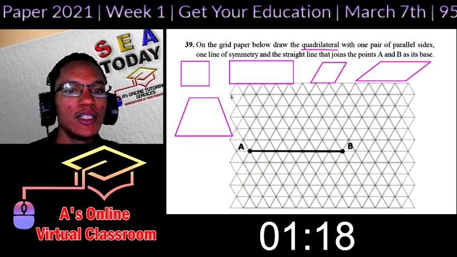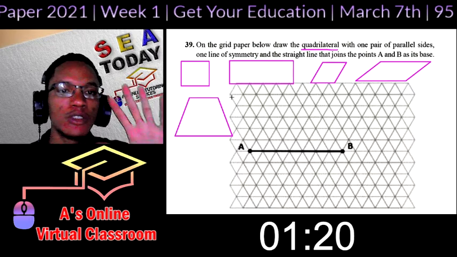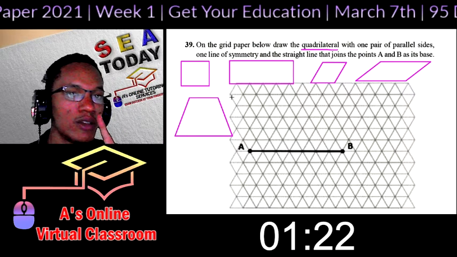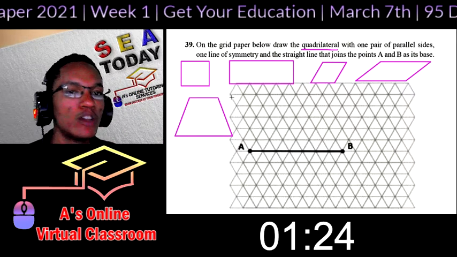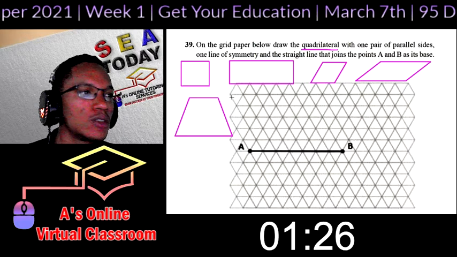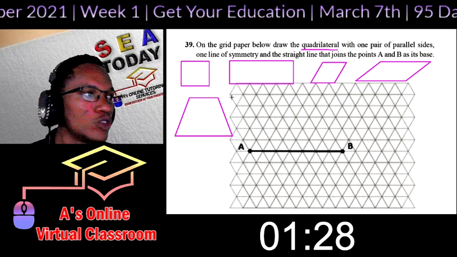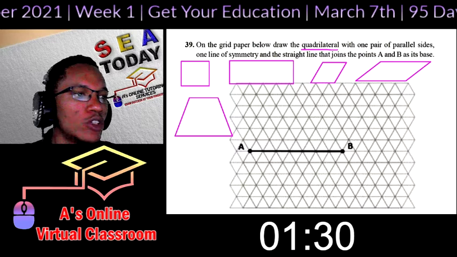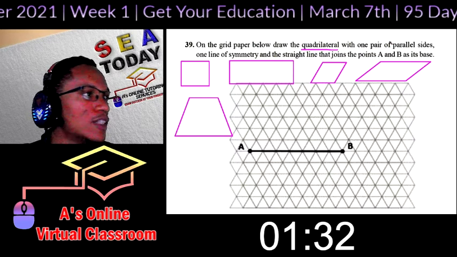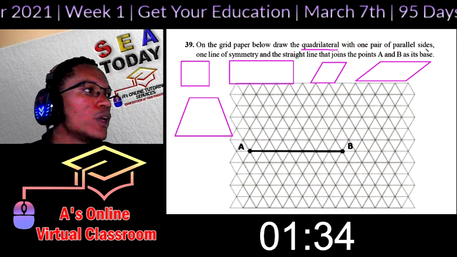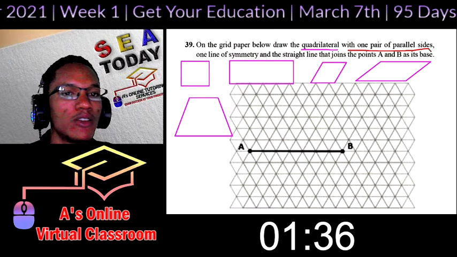So out of these 5 quadrilaterals, we have to pick one to draw here. So we have to go through and see what they're talking about. The first thing they told us about the quadrilateral they want us to draw is that it has one pair of parallel sides. Alright?